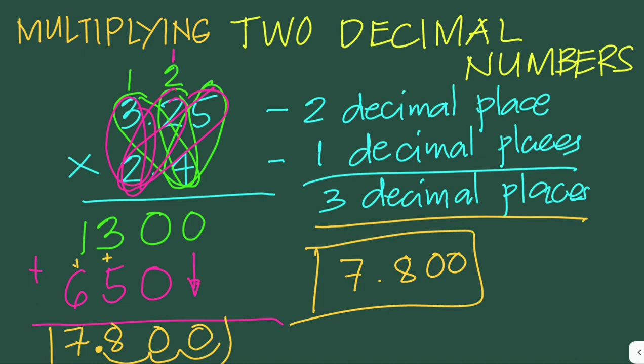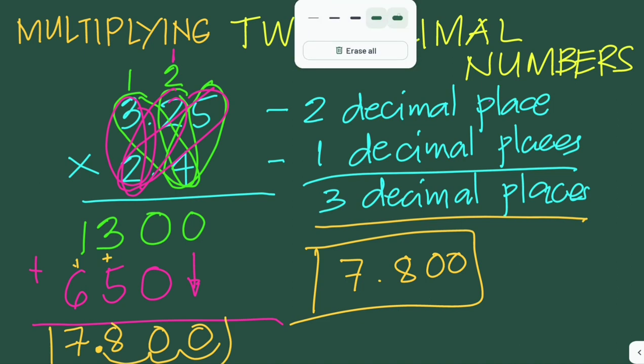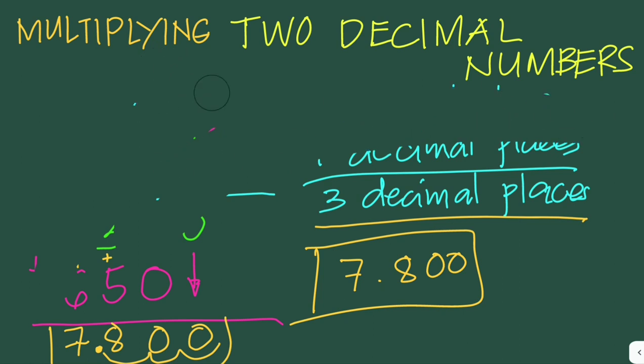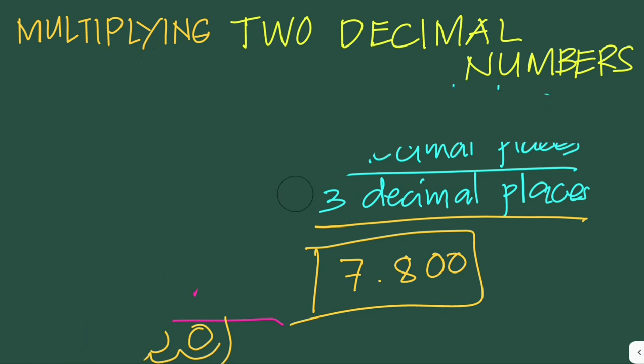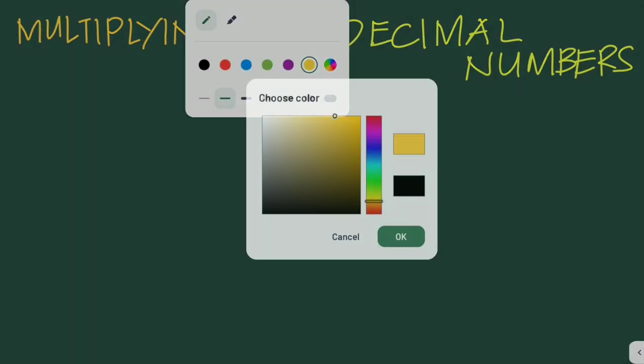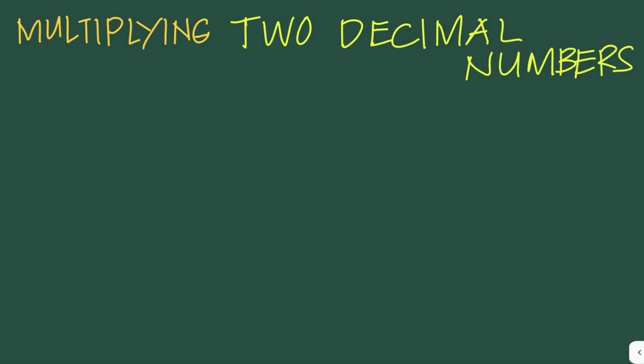All right, let's try another example. Let's say we're given 7.25 times 1.2.